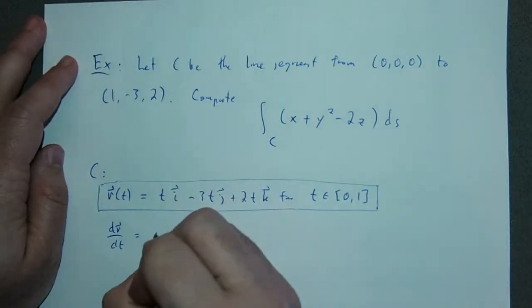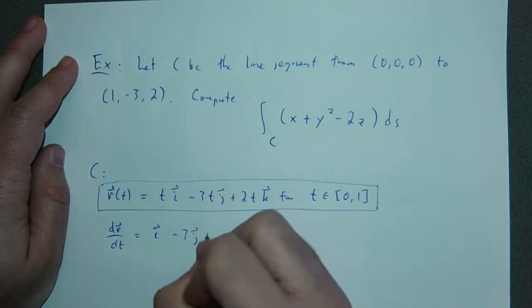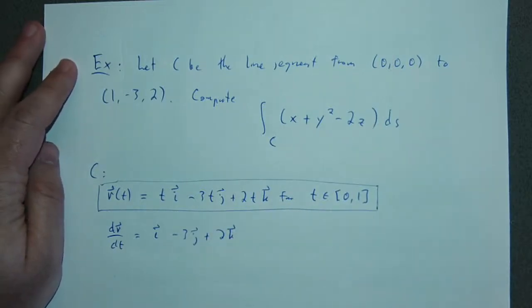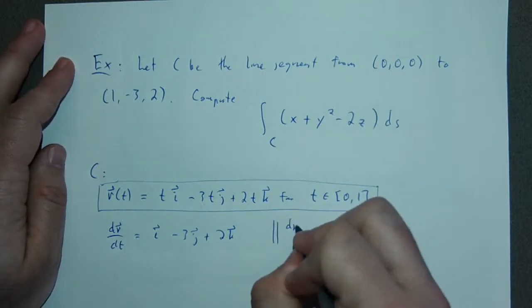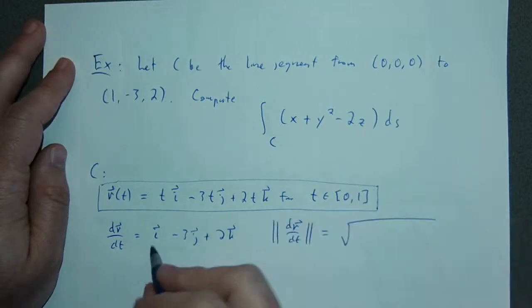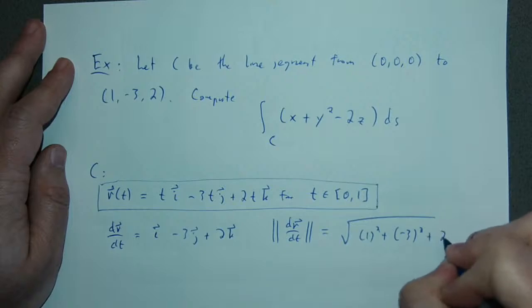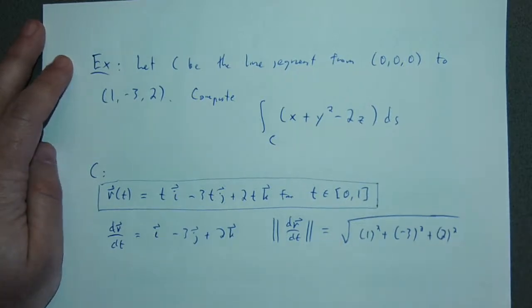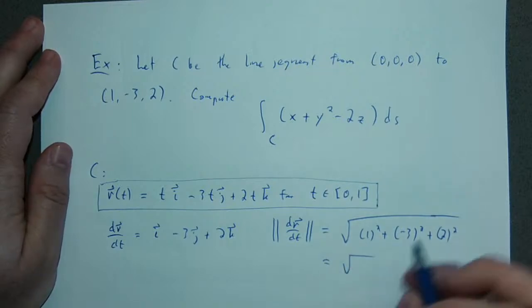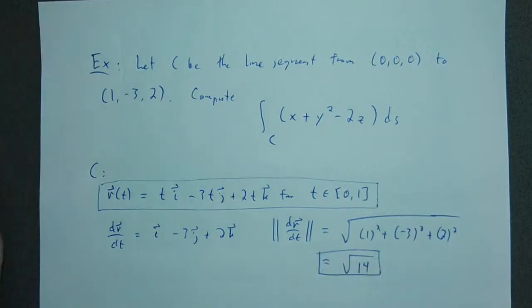This is i minus 3j plus 2k. Oh, well, that's pretty easy. And so the length of dr/dt is the square root of 1 squared plus minus 3 squared plus 2 squared. So this is the square root of 1 plus 9 plus 4, so square root of 14.